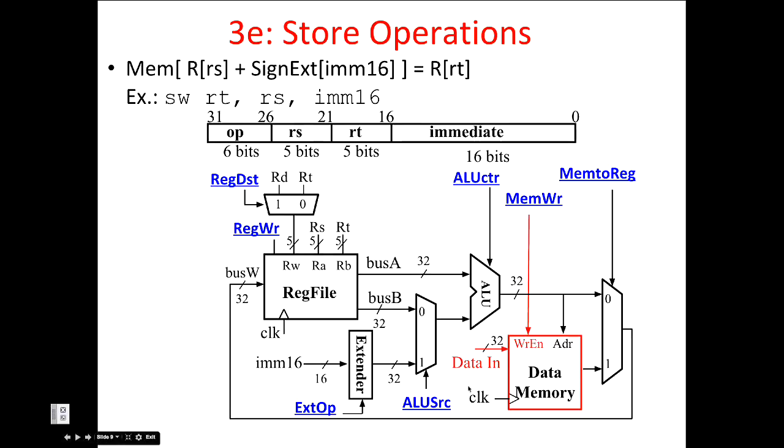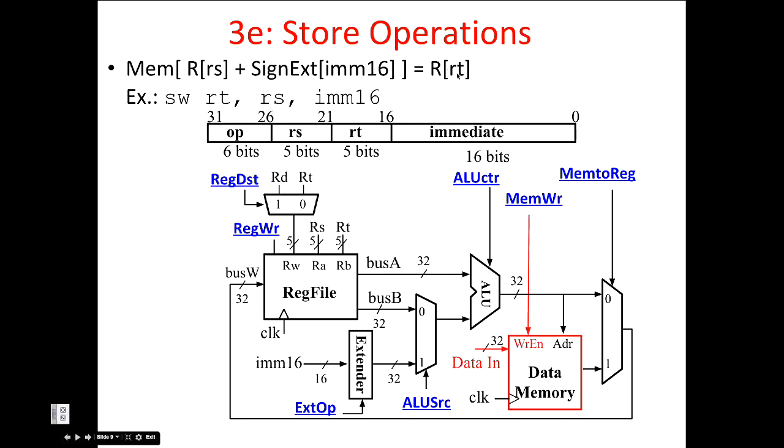And now we need some way to specify the data that we want to write. There's no way to do it right now in this data path, so we'll actually have to add a piece to our data path here. Where is the data that you want to write? It's stored in RT. In store word, we take the value stored in RT and put it in memory.